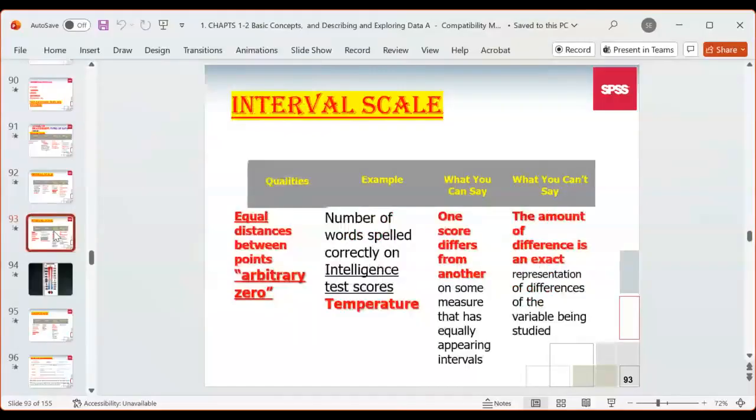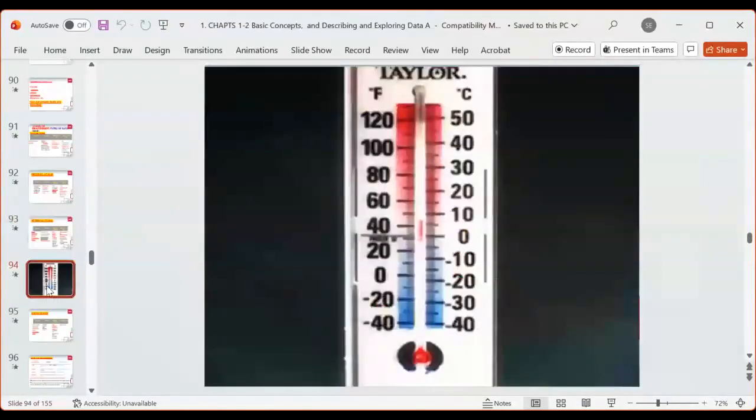And then the difference between interval and ratio: they're pretty much the same. They both have equal distance between the points, everything pretty much the same, except the zero point. The zero point for interval is arbitrary. Arbitrary means it's artificial. Zero means nothing, nada, zap, zilch. For example, on a thermometer, zero temperature doesn't mean there's no temperature, whether zero Fahrenheit or zero Celsius.